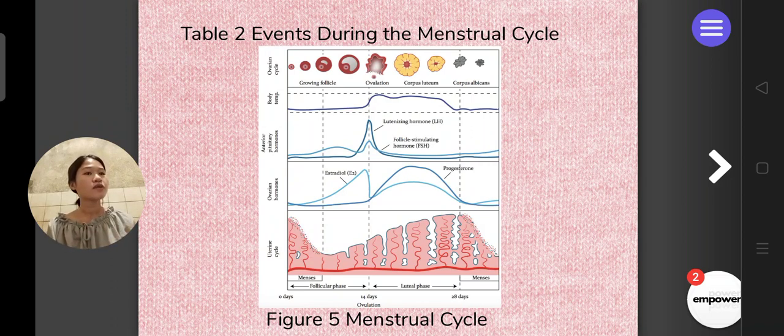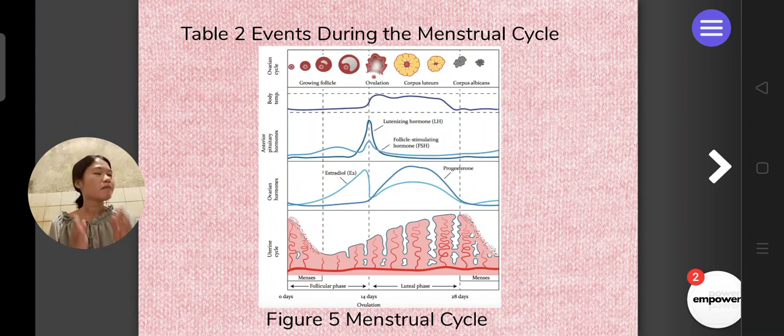So, sa endometrium pala siya nagsisimula. Dun siya nangyayari. Nagkakaroon doon ng process sa endometrium ng uterus. Di ba, tayong mga babae, kapag tayo nire-regla, merong regular, merong irregular naman, na hindi masyadong madugo, or hindi masyadong malakas yung regla nila, kasi nga irregular sila.